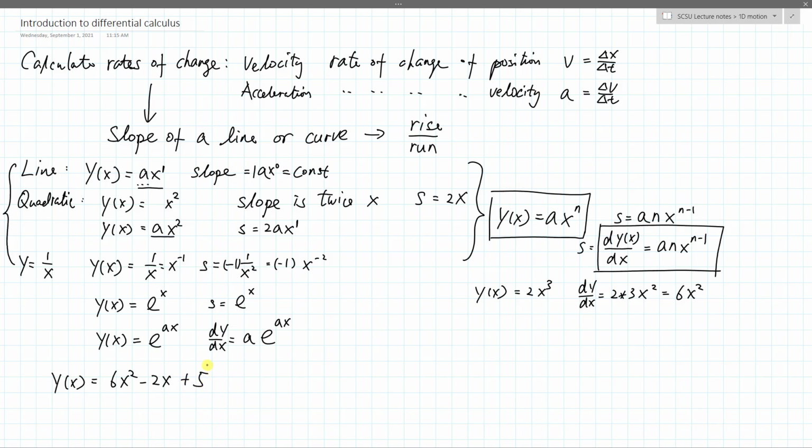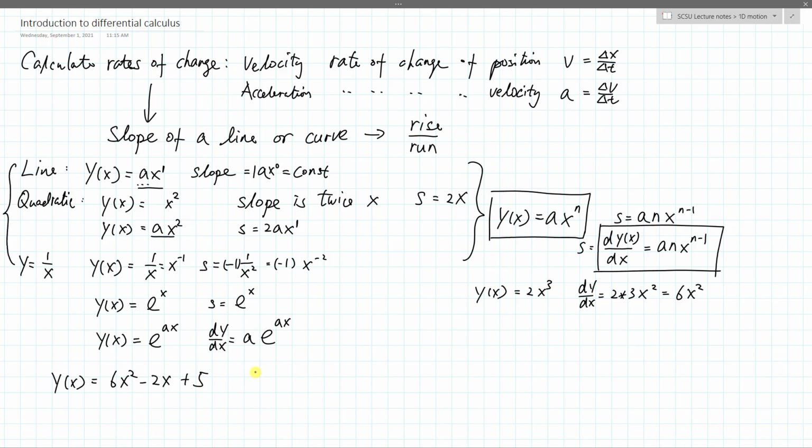Okay, if you have a constant, then basically the rate of change is 0. You can also use this formula here, but it's kind of awkward that x to the 0's power, right? It turns into the minus 1 power. It only applies to these polynomial terms without constant. The constant has a 0 derivative, right? Constant doesn't change, no rate of change.